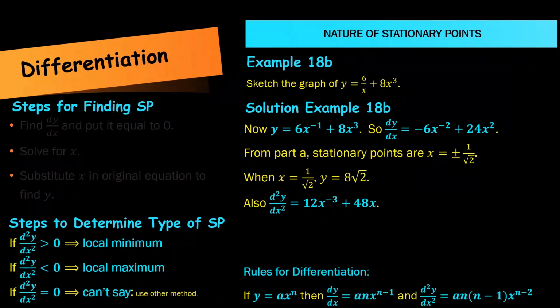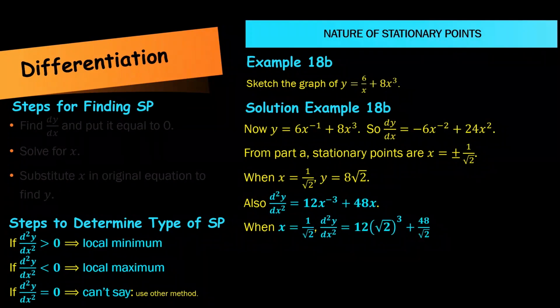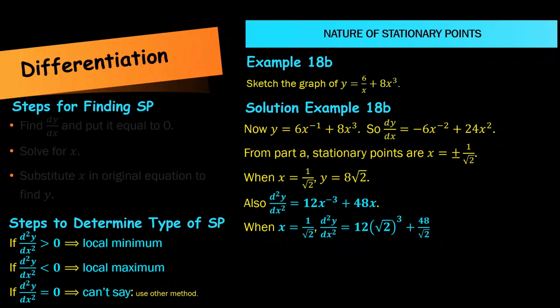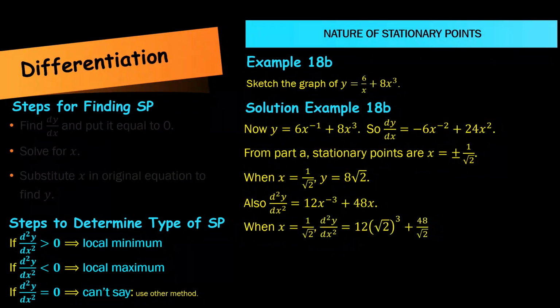And so plugging in x equals 1 over root 2 into the equation for d2y dx squared gives us that d2y dx squared is greater than 0 at this point. And therefore, we have a local minimum.